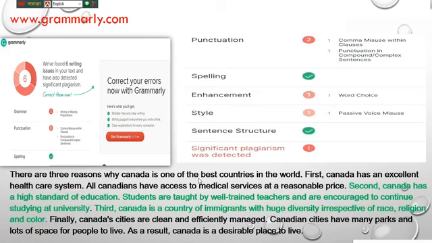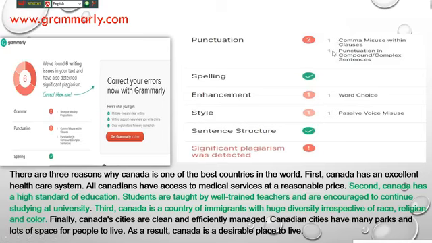This is free software for correcting your writing. We drag and drop our paragraph onto grammarly.com, and before editing it finds some serious problems. First, punctuation.